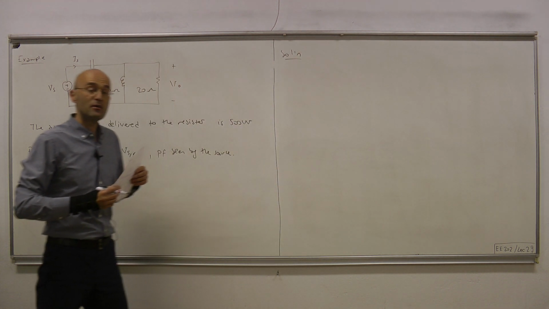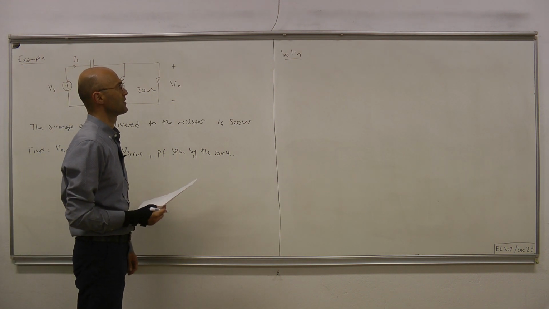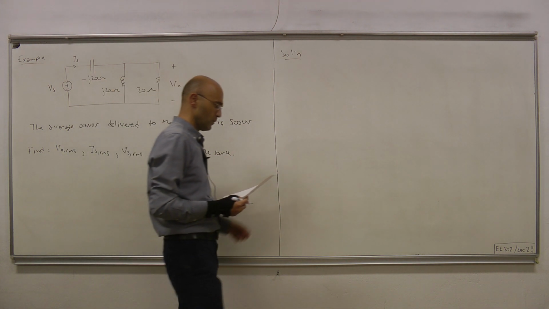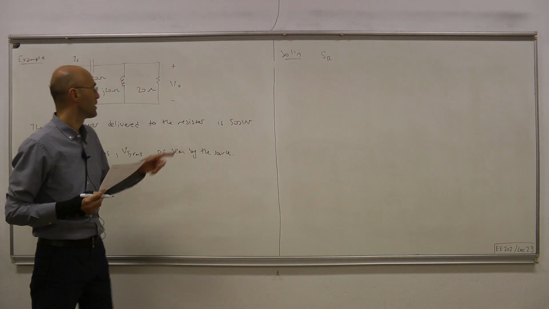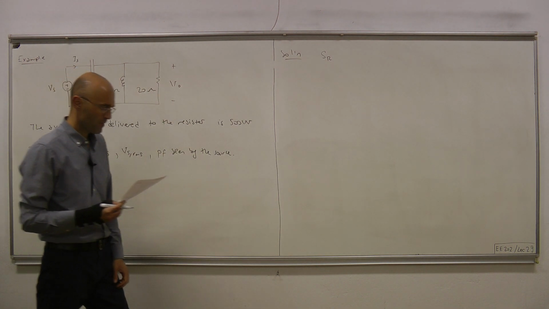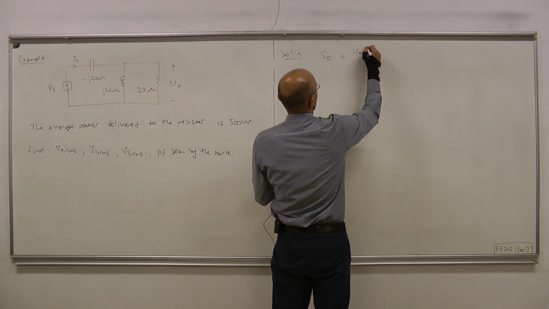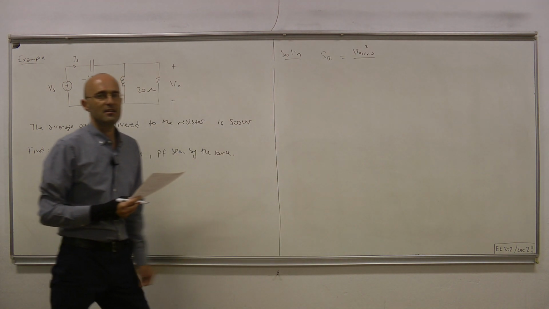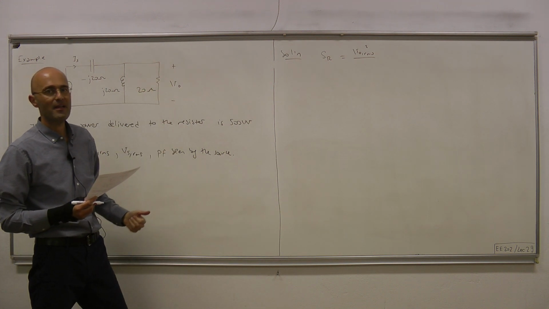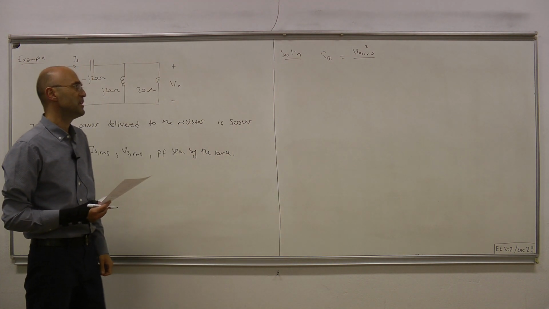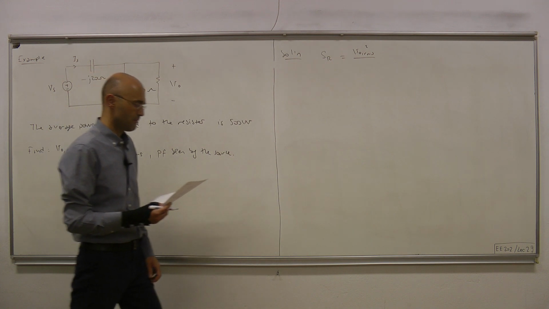Okay, this is not the only way to go, but it seems to be the quickest and simplest way to solve this problem. So the complex power associated to the 20 ohm resistor is the square of the effective value of the voltage across the terminals divided by the conjugate of the impedance of the component.